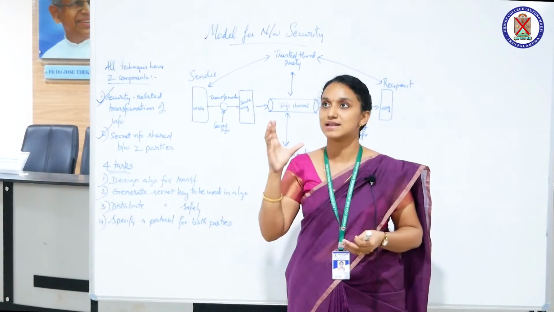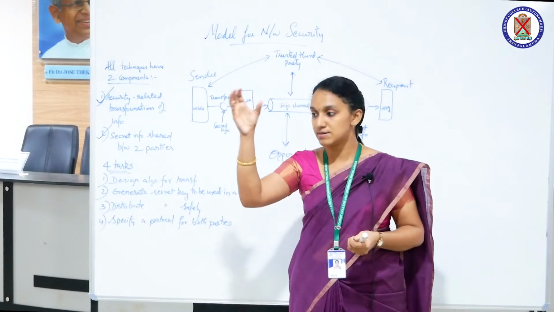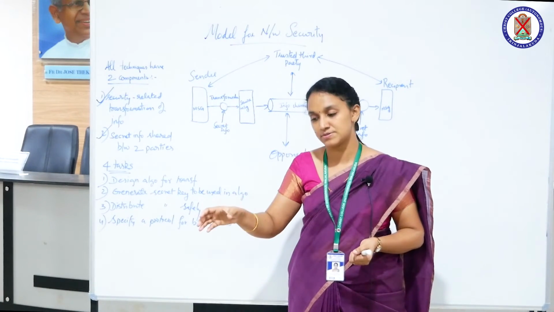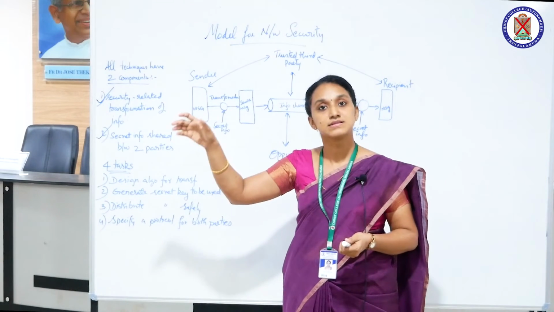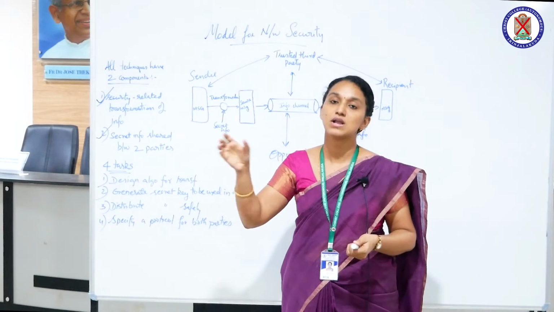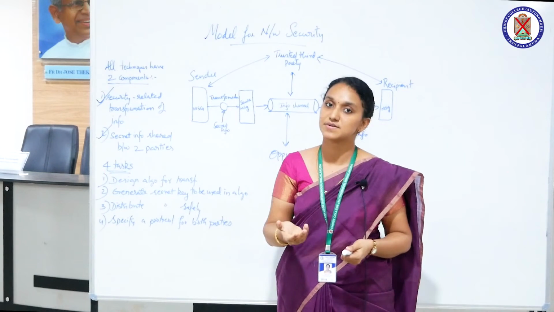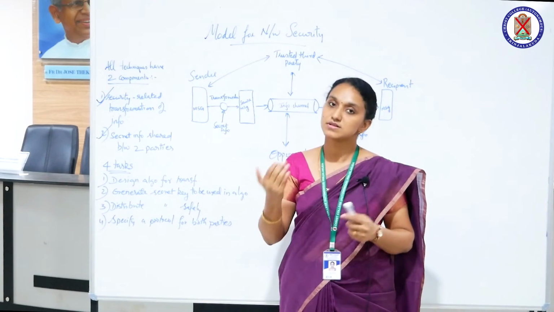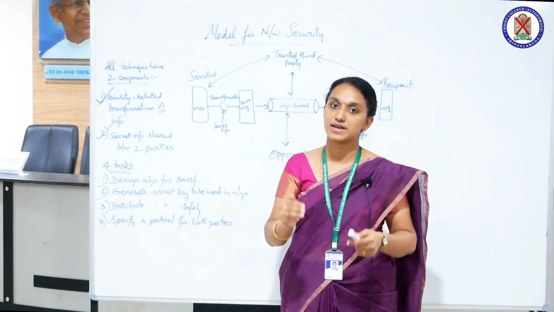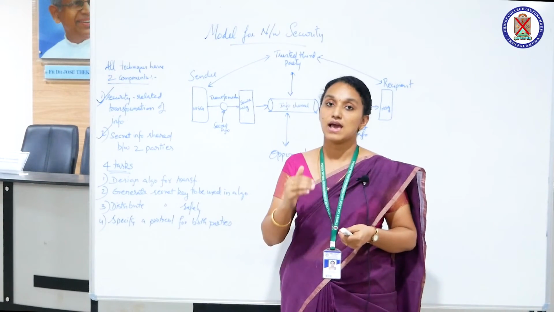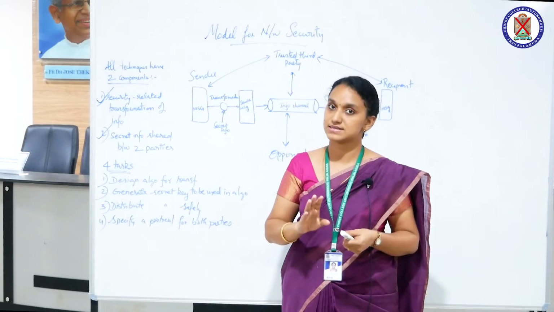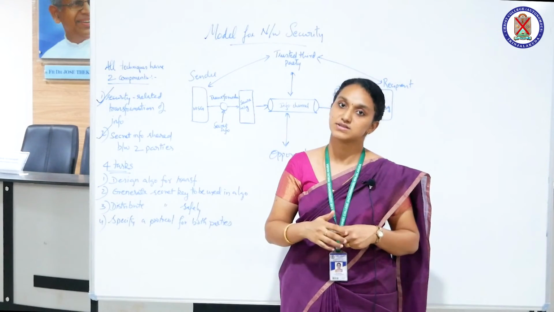That is a common protocol. The sender following a particular protocol and the receiver following a different protocol is not applicable in communication. So both the parties are supposed to follow a specific protocol, and that is the fourth task in this model for network security.